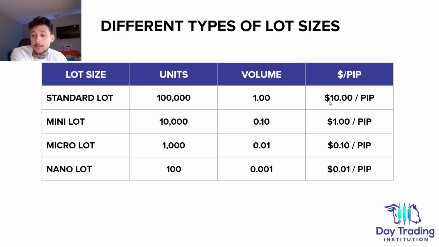So if the market moves up 100 pips, I just made $10,000, right? So again, there's 0.01 lots all the way up to 1,000 lots, 2,000 lots. Again, it depends how much money you have in your account and everything else. You can do 500 lots, 600 lots, where you're risking $6,000 per pip.